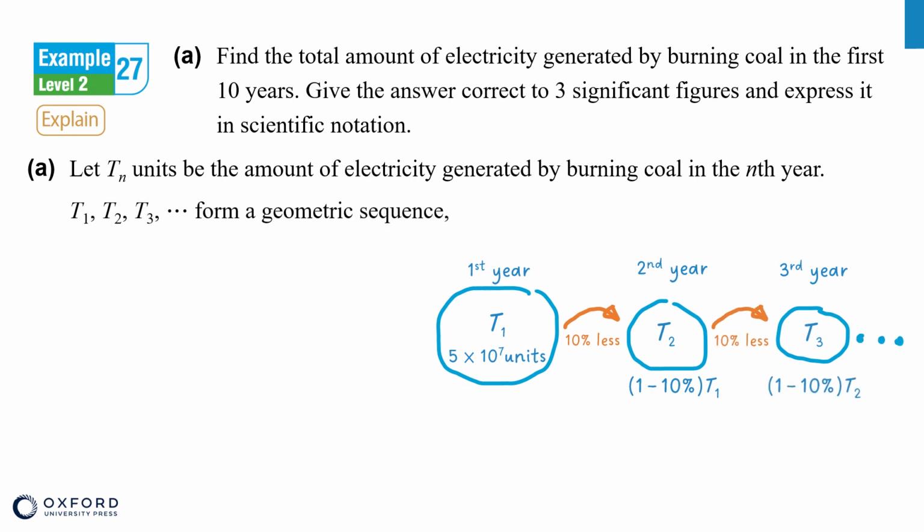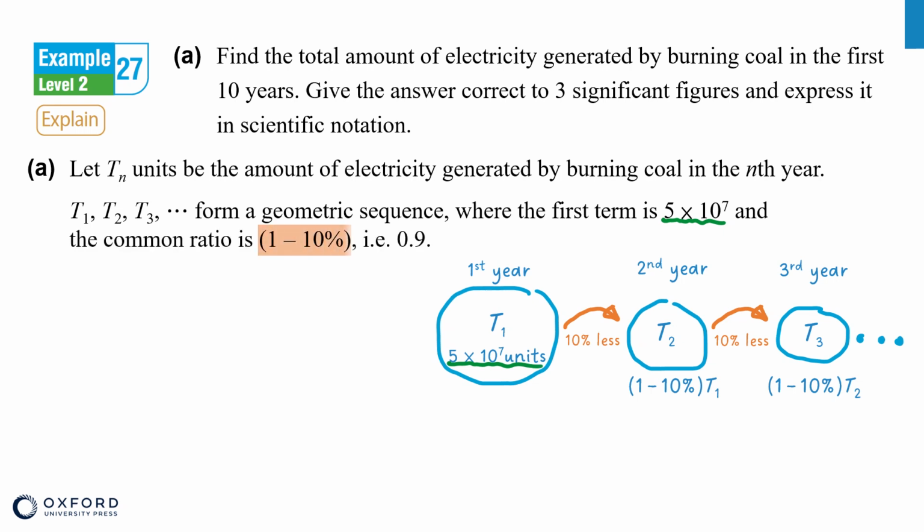Therefore, T1, T2, T3, and so on form a geometric sequence, where the first term is 5 times 10 to the power of 7, and the common ratio is 1 minus 10%, that is 0.9.